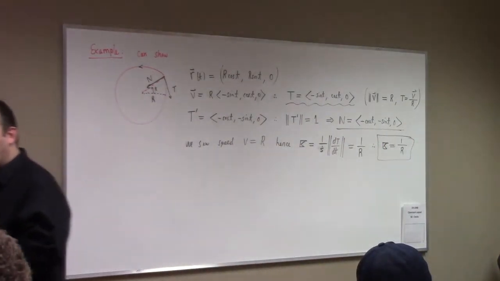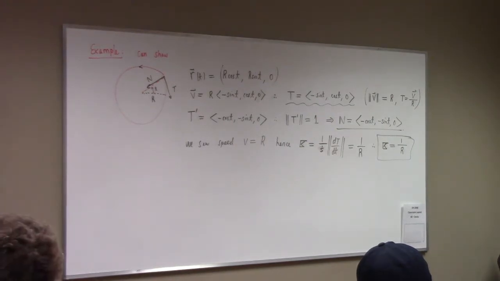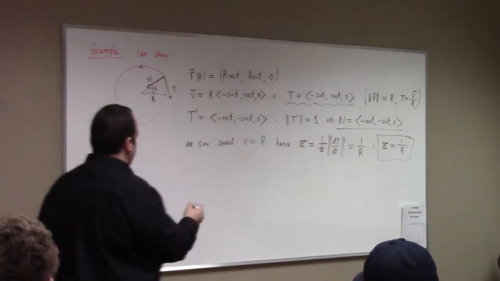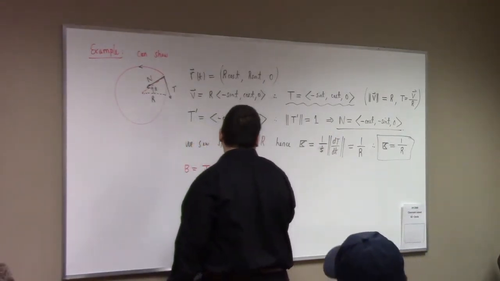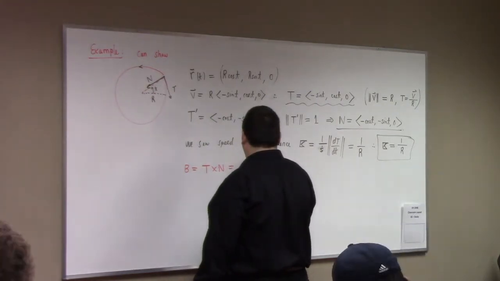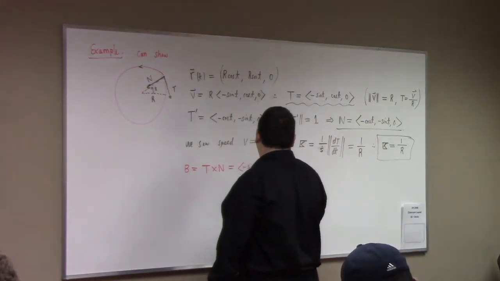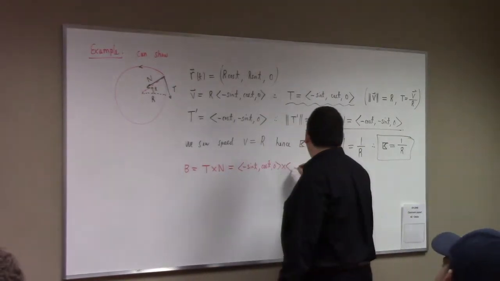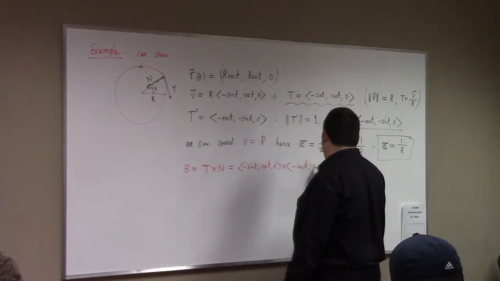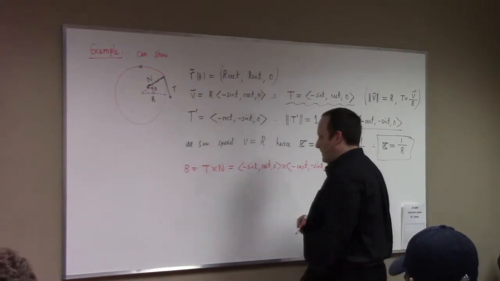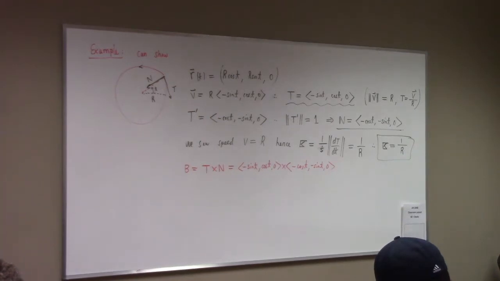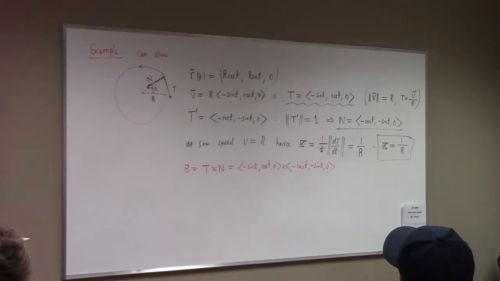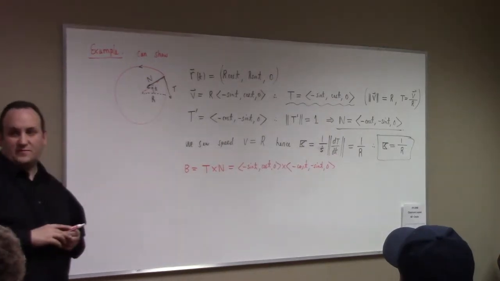What's the binormal here? I mean, you can calculate it, but it shouldn't be surprising, really.